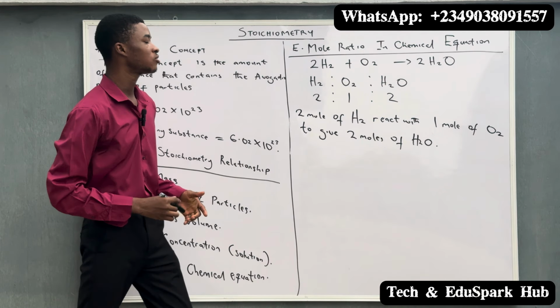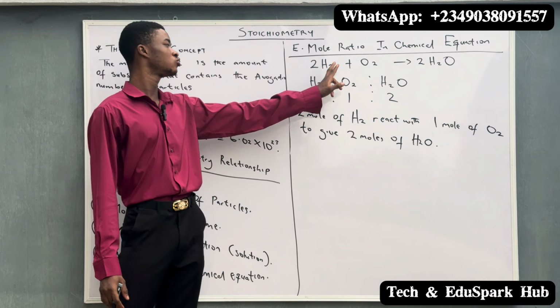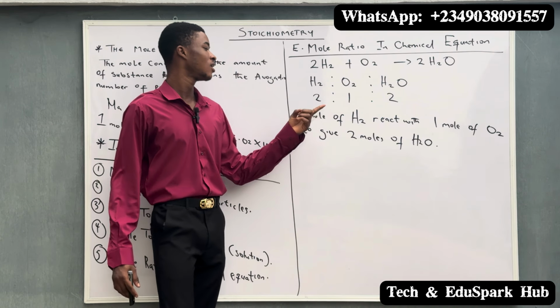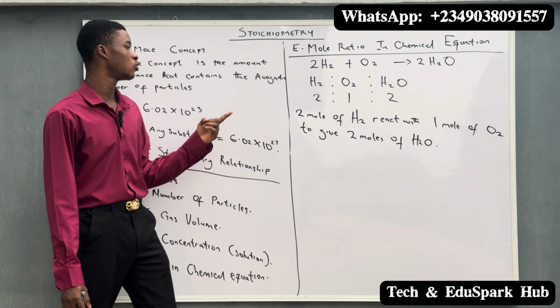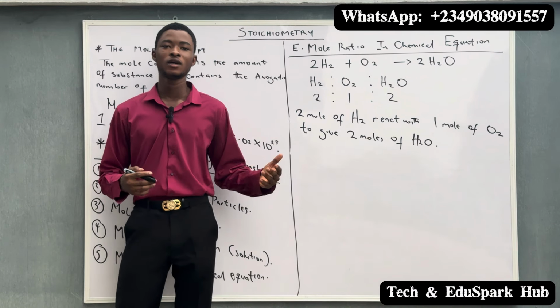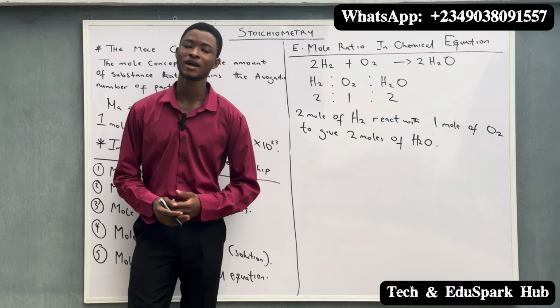So this is how to note the mole ratio in a chemical equation. You can see we have 2H2 plus O2 to give 2H2O. So we can say 2 moles of hydrogen gas react with 1 mole of O2 to give 2 moles of H2O. This is all you need to know about the mole ratio in a chemical equation.